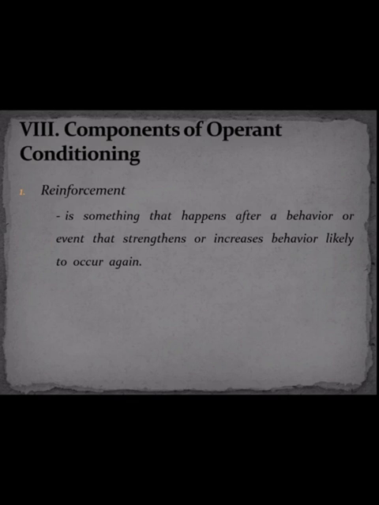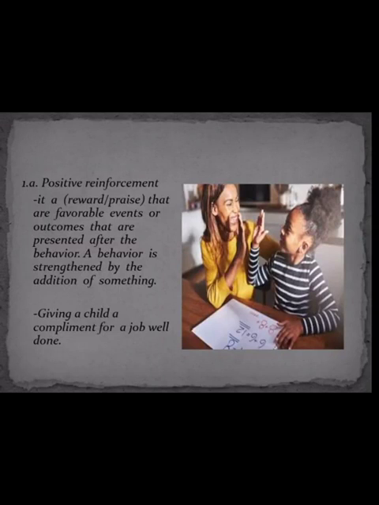Components of operant conditioning. Number 1, reinforcement. It is something that happens after a behavior or event that strengthens it, making the behavior more likely to occur again. Positive reinforcement is a reward or praise, favorable events or outcomes that are presented after the behavior.